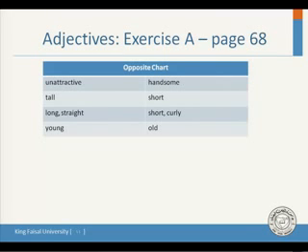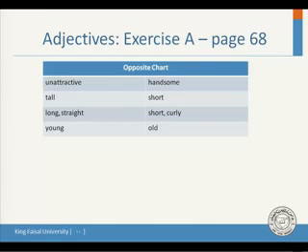Now, in this table, you can see adjectives and their opposites. For example, tall, the opposite of tall is short. Okay? Unattractive, the opposite is handsome.